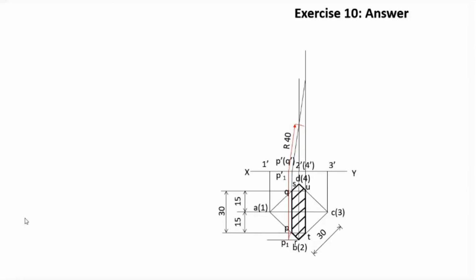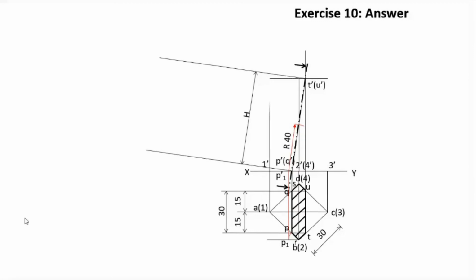Then P dash Q dash is marked with the R dash, and the point of intersection of this line with the projector through T and U will be marked as T dash and U dash. Through T dash and U dash, the top face of the square prism is also drawn.